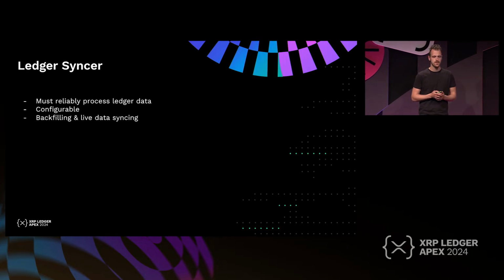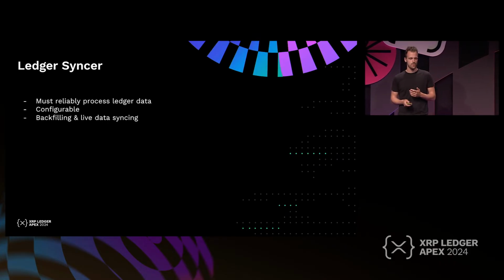The first one is the backfilling, so we have to process the already existing data or reprocess it if we require. And the other one is syncing the live data as it develops. So we subscribe to the ledgers, and once they get validated and broadcasted, our syncer picks it up and processes it.